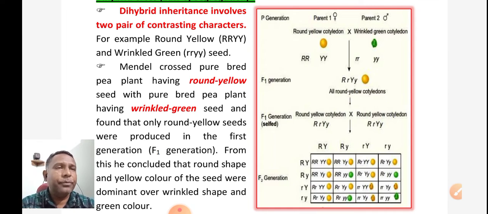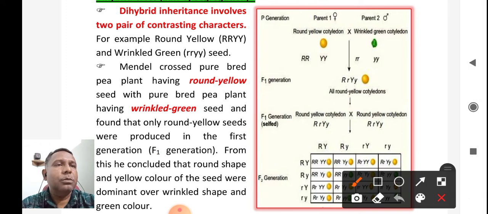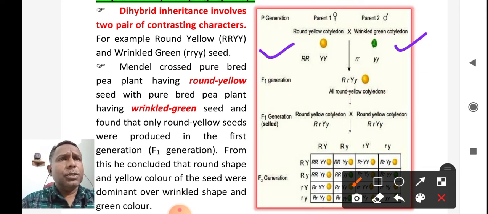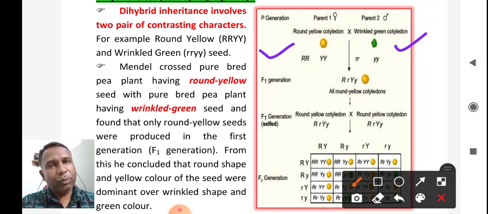So here, first of all, we are seeing parent 1 and parent 2. Here one is the wrinkled green cotyledon and here a round yellow cotyledon. First, for round RR and yellow YY; here, wrinkled small r and small y.